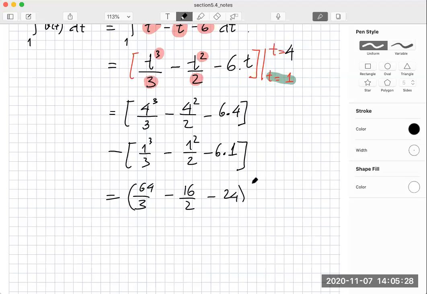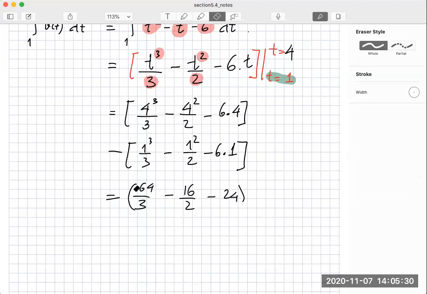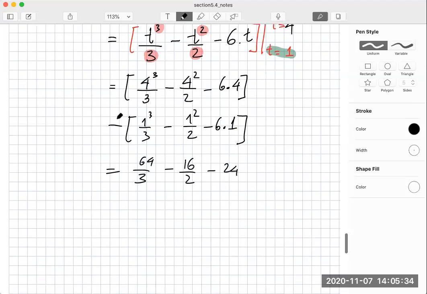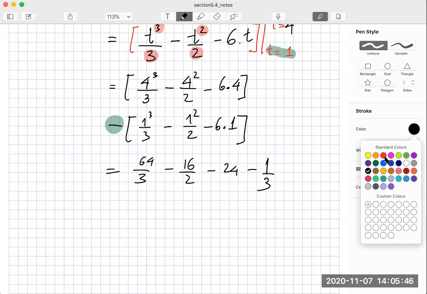All of them subtract. Let us remove the parentheses here. Subtract, this is 1/3. Remember, there's a negative sign here. And what is it next? Just 1/2.